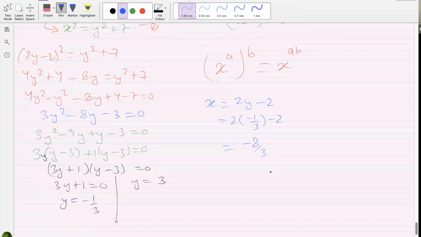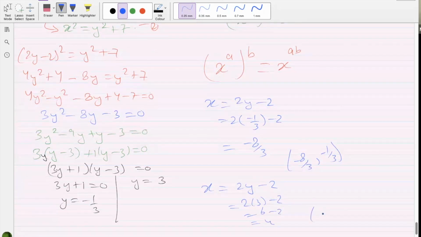So one solution is x negative 8 by 3 and y negative 1 by 3. The other is 2y minus 2 where y is 3, so 6 minus 2, x is 4. So y is 3, x is 4. These are the two values.